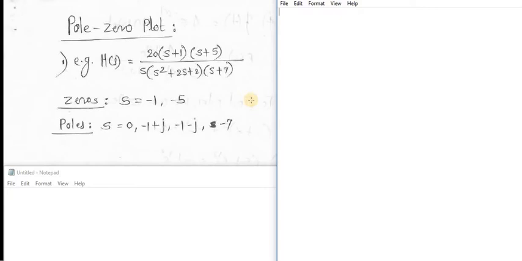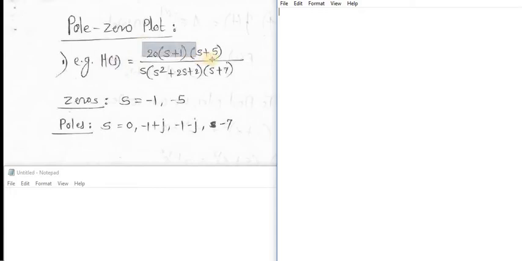(s+7)]. So we know that zeros are defined as those values of s which will make the numerator of the given network function equal to 0.